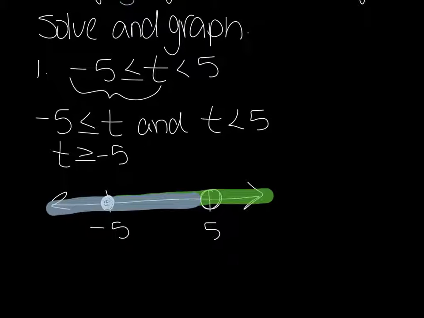Okay, so for this one, is it an and or an or? It's an and. So what area am I looking to shade? In between, the one that they have in common. If it's an and statement, you can only shade the area that they share. So you're looking for the place where your highlighters overlap. Okay, does that make sense?